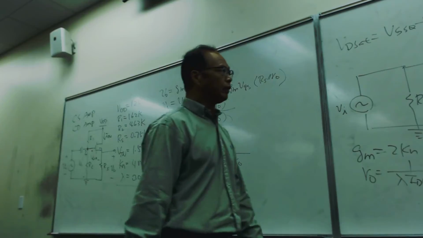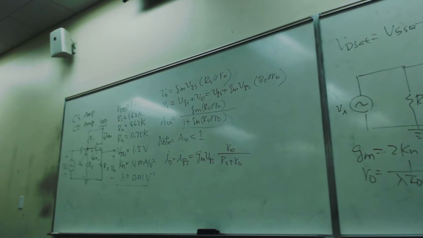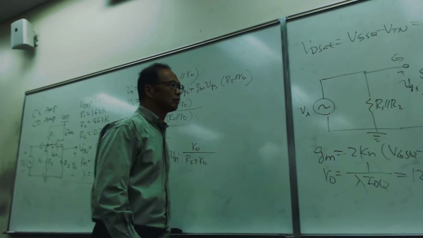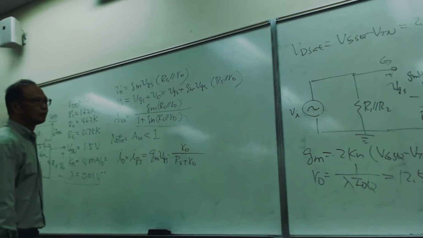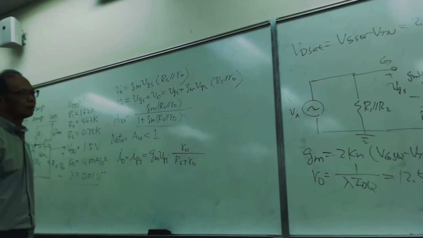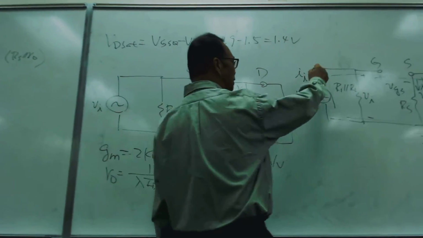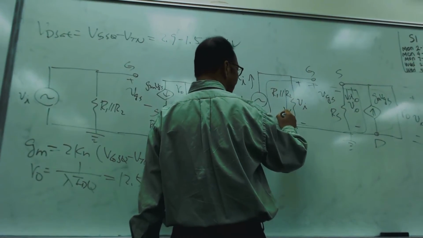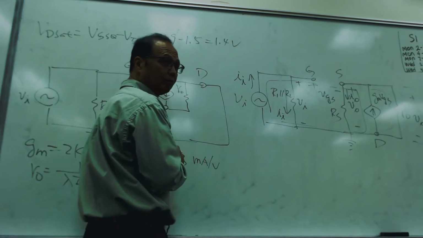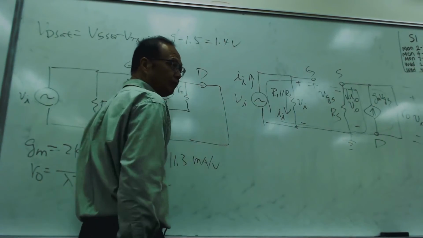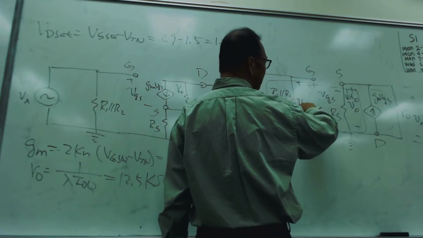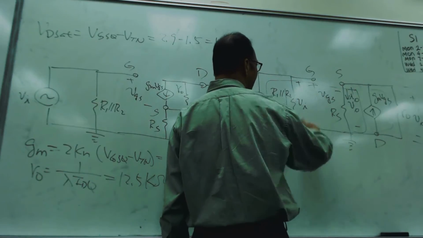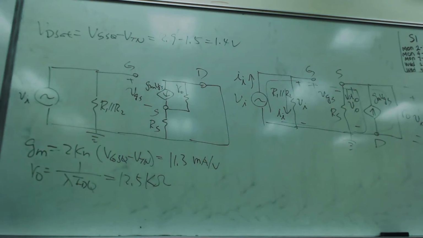And then the input current. So this is the input current, I sub I. Is this current the same as this current? It's only one loop, right? And what is the voltage across here? V sub I, right?